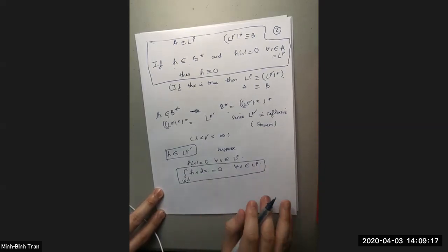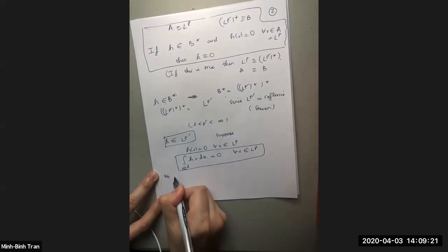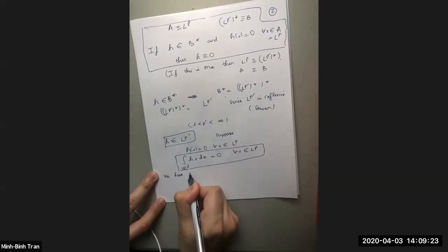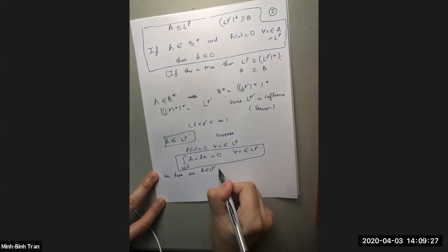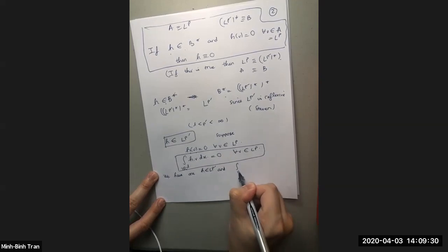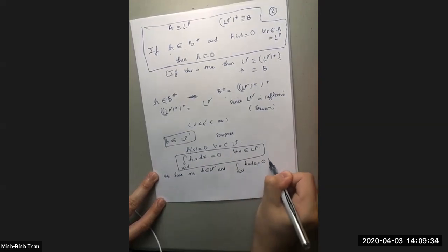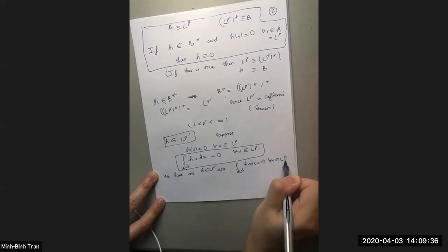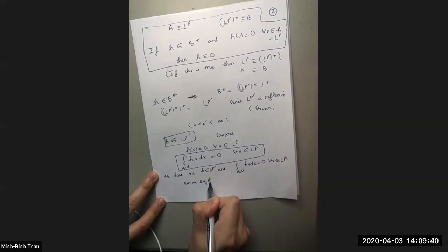So I reduce the problem into the following. We have one H in LP prime, and the integral of H V dx is going to be 0 for all of the V in LP prime. Can we say that S is going to be 0?